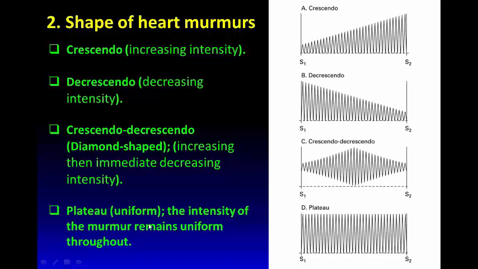And we also have plateau or uniform murmurs, where the intensity of the murmur is uniform throughout the murmur, whether it is systolic or diastolic. But in this phonocardiographic recording of the murmurs, since the murmurs are detected between S1 and S2, these are systolic murmurs.